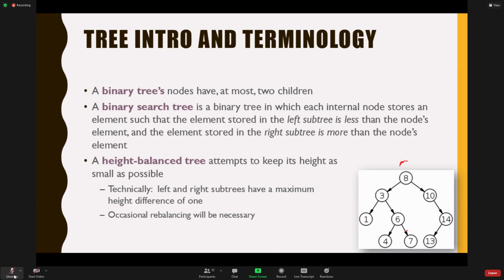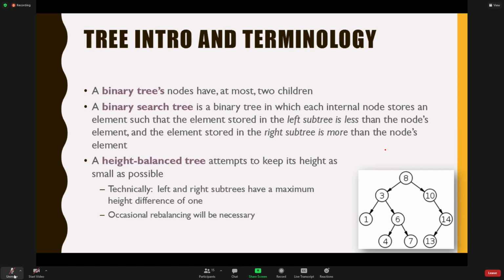Is 7 bigger than 6? Yes. And 6 and 4, yep, that looks right because everything to the left is less. 10 is greater than 8, 14 is greater than 10, 13 is less than 14. So this, in fact, is a binary search tree. It's a binary tree, we know, but it is also a binary search tree because it adheres to the rules of ordering that go with a binary search tree.